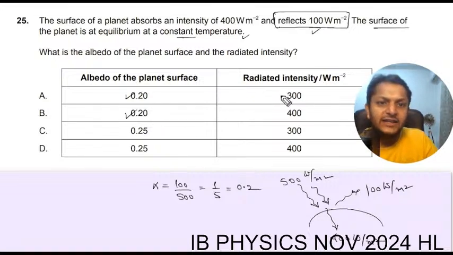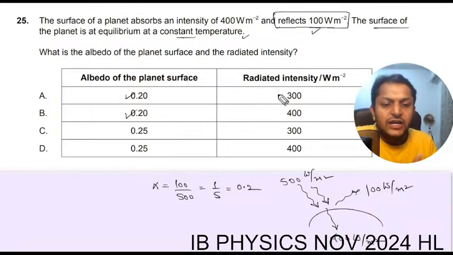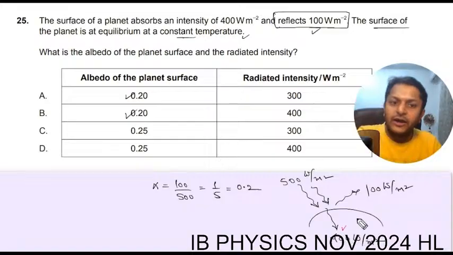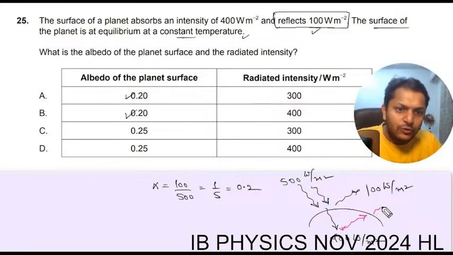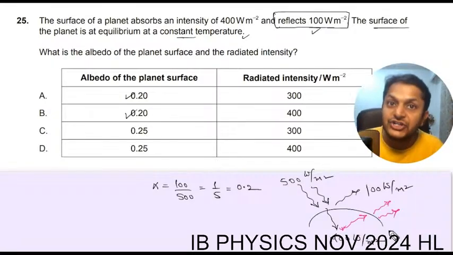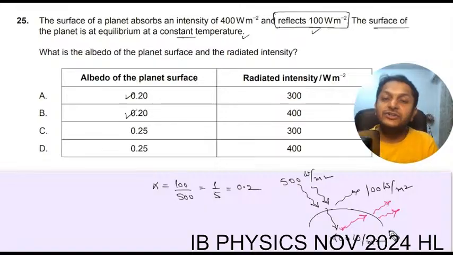Now radiated intensity. Now you want to find what is the radiated intensity. Of course all the 400 that is absorbed by Earth has to go out somehow. So Earth will be radiating this much energy at some other particular time. Let's say Earth is absorbing energy in the day and emitting energy in the night.